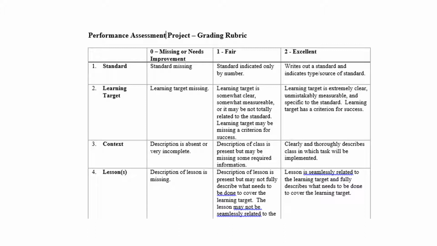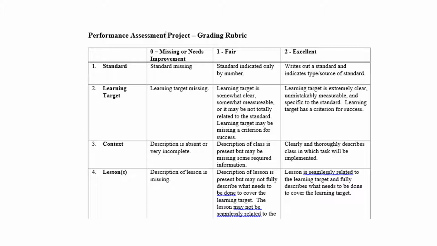The second criterion is the learning target. If your learning target is missing, you earn 0 points, all the way up to 2 points for the learning target. If it's extremely clear, unmistakably measurable, and specific to the standard, and it has a criterion for success, you earn the full credit. The context section is also worth 2 points.